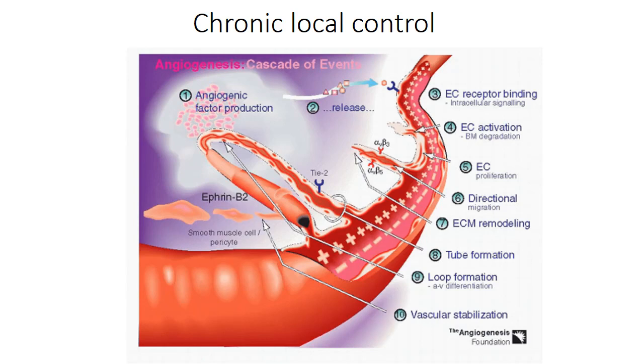During chronic control, vascular remodeling is another factor. Depending on whether it is an artery, capillary or vein, the vascular remodeling is different. For example, in arterioles, the thickness of the wall increases in response to higher blood flow, and this is named inward eutrophic remodeling. And depending on the vessels, we also have hypertrophic remodeling.